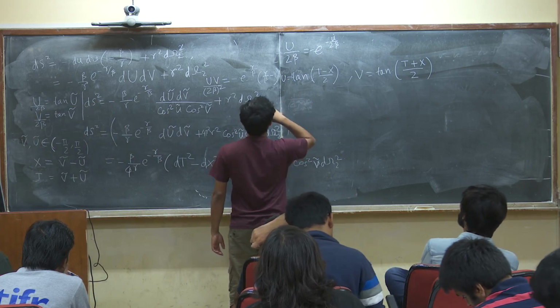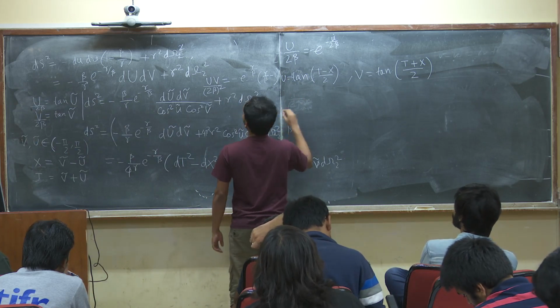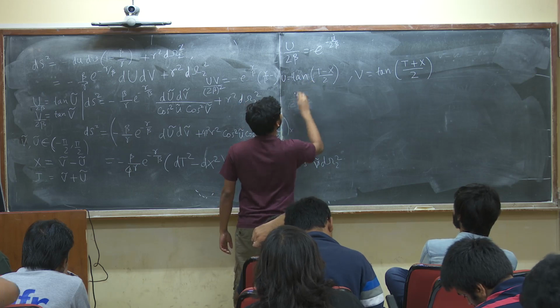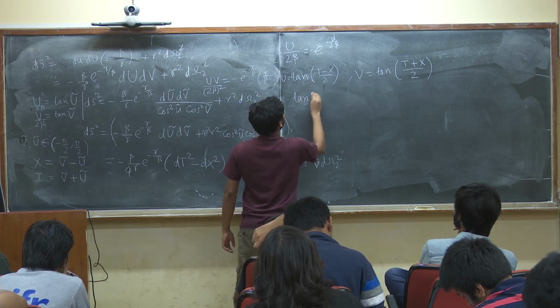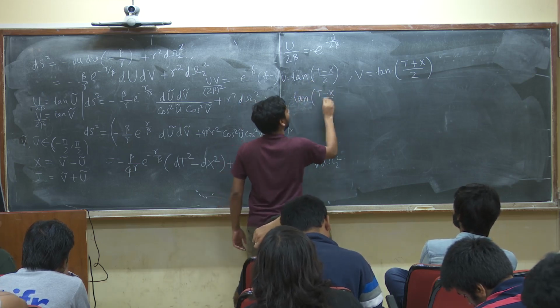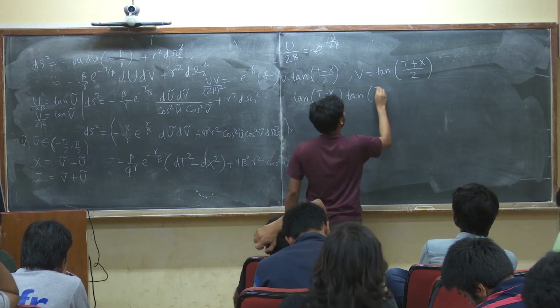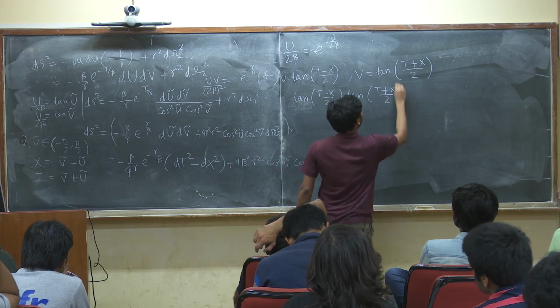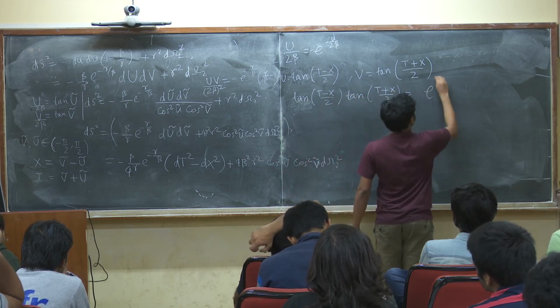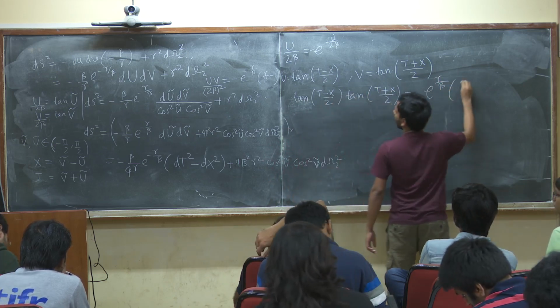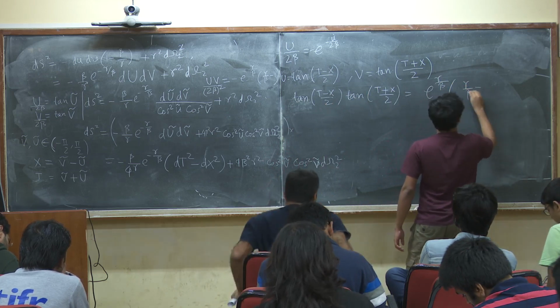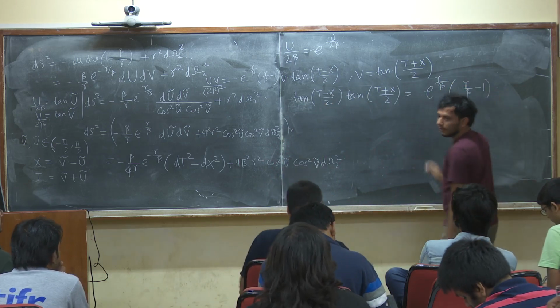So u by 2 beta is tan u tilde. Tan u tilde is this. Good.